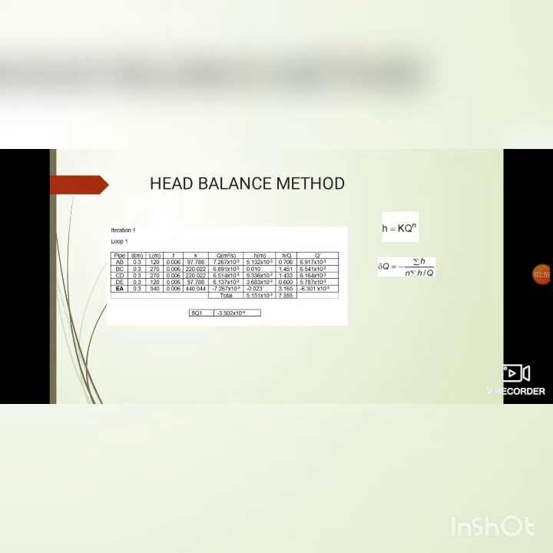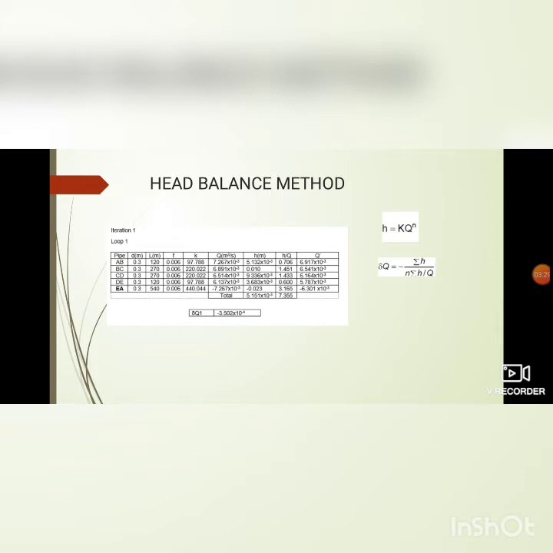To get the H value, H is equal to KQ to the power of n, where n is equal to 2. To get the delta Q, delta Q is equal to negative total H over n times total H over Q. To get the Q prime, Q prime is equal to Q plus delta Q.